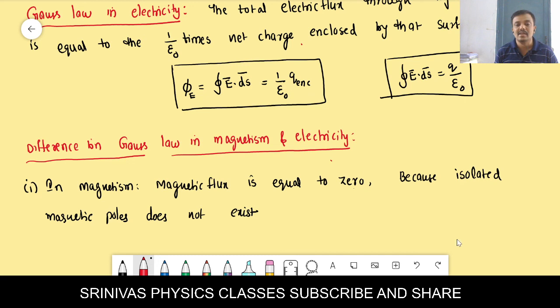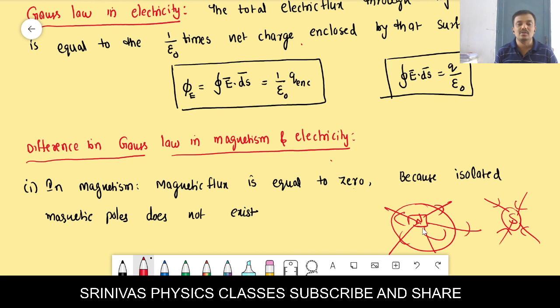If isolated poles were there, only a north pole, then lines would start from the north and go to the south. If only a south pole were there, then lines would enter. But here, a lone south or north pole does not exist. Flux is not equal to 0 when an isolated pole exists; if an isolated pole does not exist, then flux equals 0.